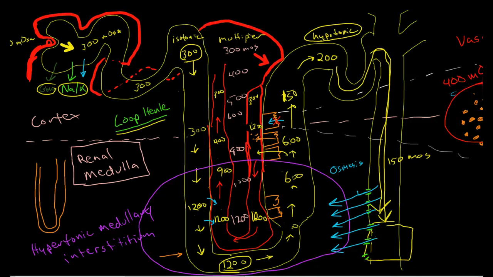And so this can result in urine that is as concentrated as about 1150 to 1200 milliosmoles.